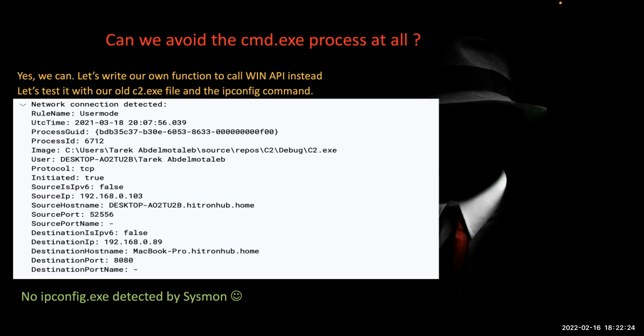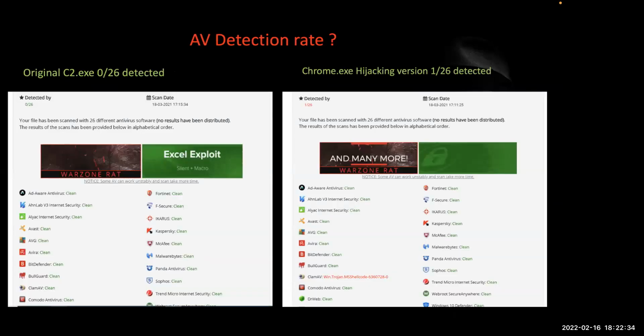Microsoft has many functions that you can use to do the same thing without touching the ipconfig.exe or whoami.exe. At that time when I created this, there was no detection rate. The other one, the Chrome hijacking one, was the one that got flagged by one antivirus.